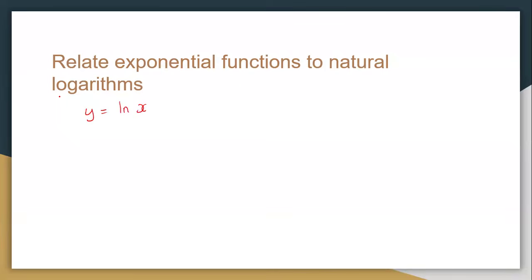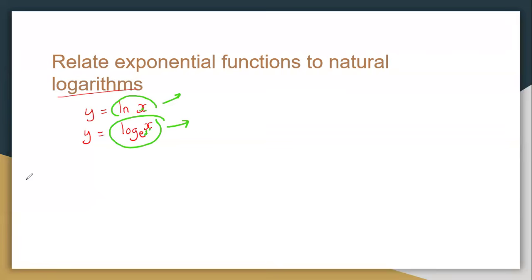But like you hear, it is a logarithm. Now, in logarithmic form, we write it like log e of x. Members, these two things are the same thing. In this format, I've written it in terms of log. Here, I'm writing it in terms of ln, but these two things are the same, so they can be used interchangeably.